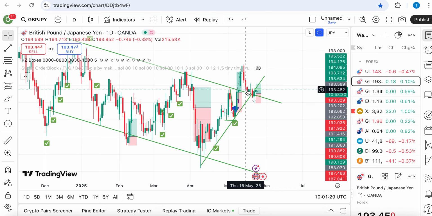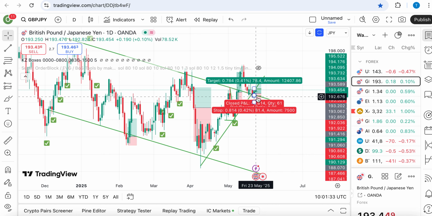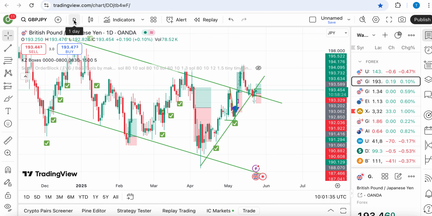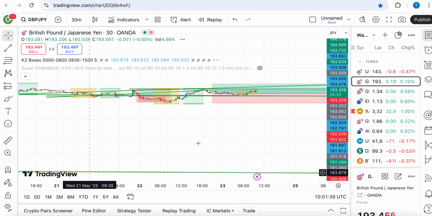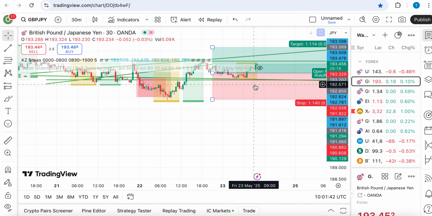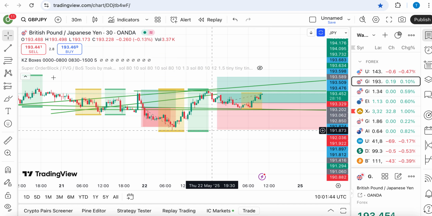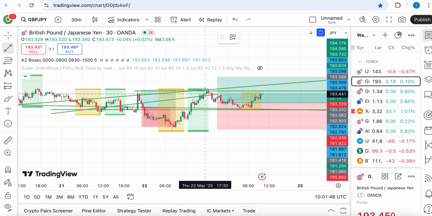Immediately I saw the reversal, I look for a perfect entry, which is, let's go to the smaller market of the day. So you could see the perfect entry in here.